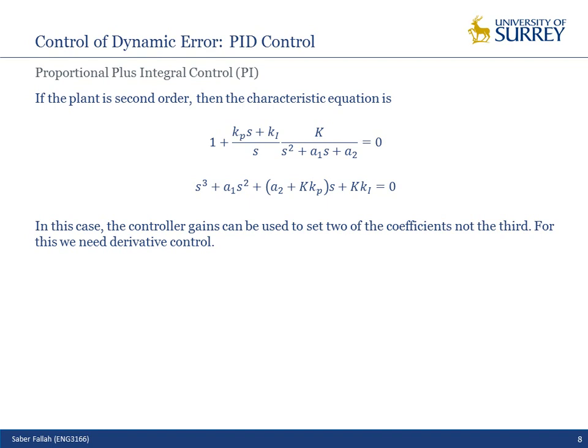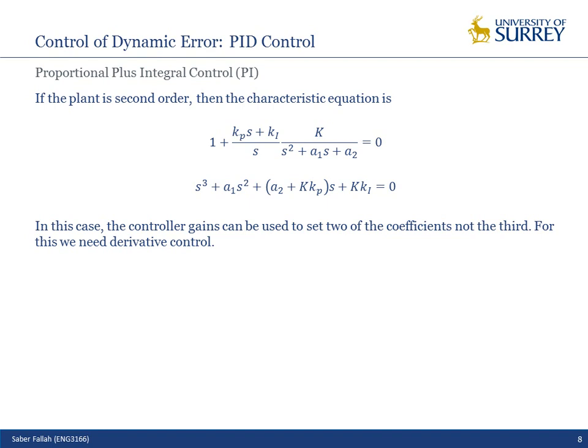How can we simplify our transfer function to a second order system? For example, if I have a fourth order transfer function, by looking at the location of the poles and zeros of the system, if two poles of the system are far away from the imaginary axis compared to the two others, I can ignore those poles which are far away from the imaginary axis and just consider the poles closer to the imaginary axis.